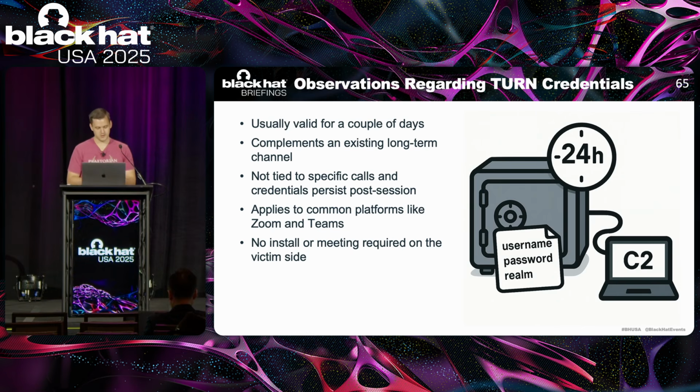We can just extract TURN credentials from the infrastructure provided by these providers and use them for short-term command and control. I'll talk about this more later, but it's meant to complement your existing long-term command and control channel, not be used on a standalone basis. These credentials aren't tied to any specific calls, so once you obtain them, they're usually valid for a couple of days, and the victim doesn't need to be using Microsoft Teams or Zoom or even have them installed within their environment.